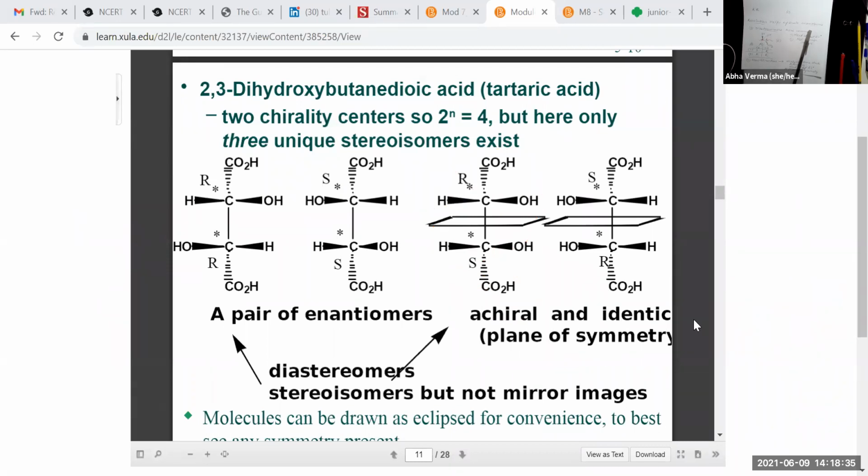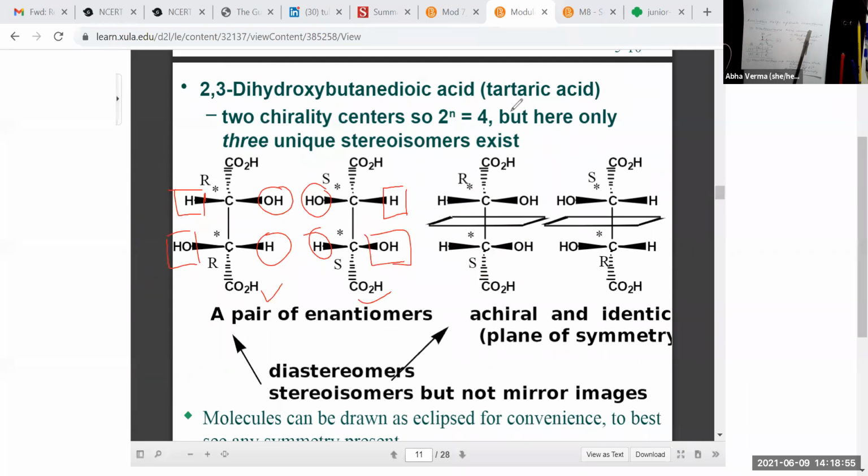For this particular compound, there are 4 stereoisomers, but only 2 of them are chiral. If you look, these are mirror images of each other. Can you superimpose them on each other?